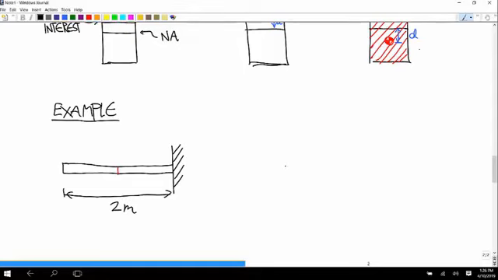Let's say that the cross section of this beam is rectangular. If this is the neutral axis, the whole thing has a height of 0.1 meters.